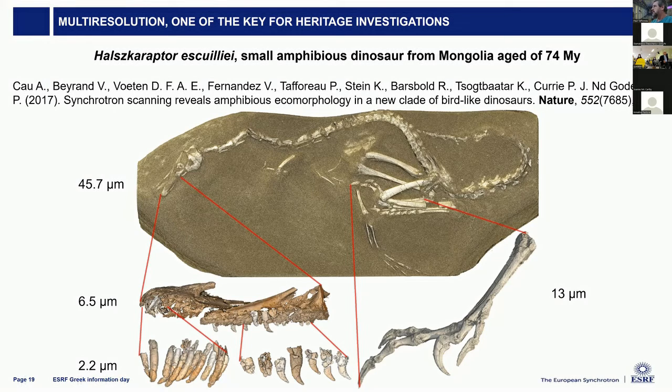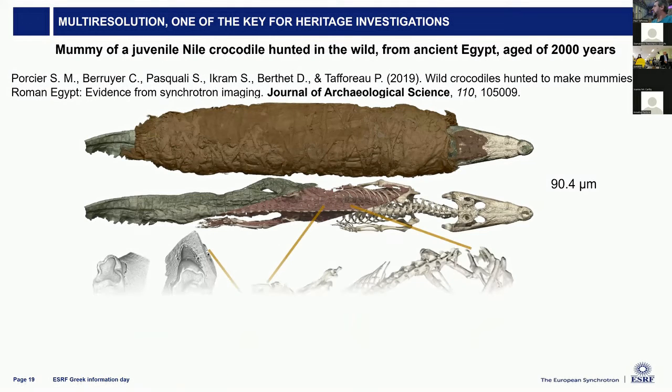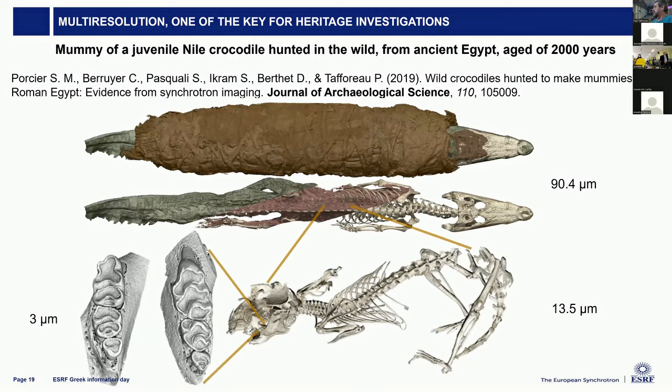Third example, much more recent, is an Egyptian mummy from the Ptolemaic period. It's a crocodile mummy that is 1.1 meter in length. Again, we made the full scan at 90 microns. Then inside the crocodile stomach, we discovered a complete mouse that we scanned at 13 microns.